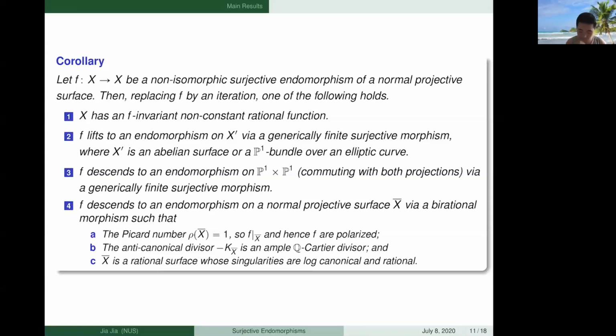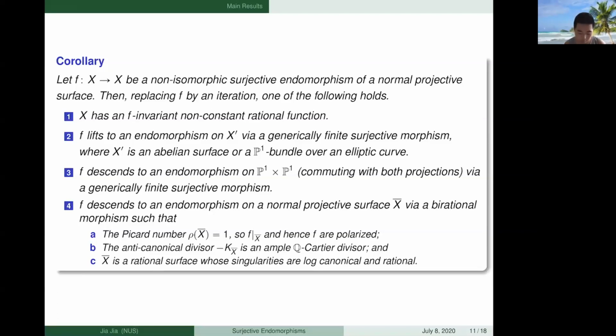The last case is somewhat long. F descends to an endomorphism on this X bar, which is a normal projective surface, via a birational morphism, such that the Picard number of X bar equals 1. Since our F is non-isomorphic, and the descending is via a birational morphism, we know the F on X bar is also non-isomorphic.